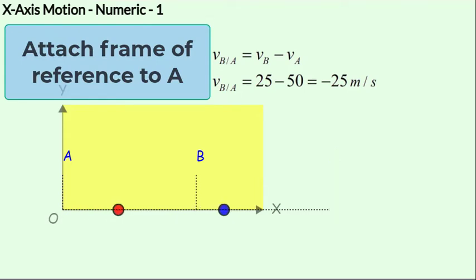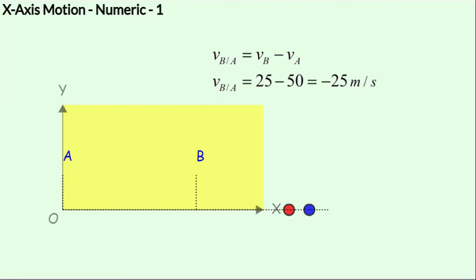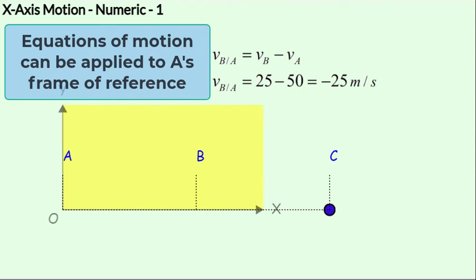Now A moves from the ground frame of reference at 50 meters per second, but not from A's own frame of reference, since ball A would be considered to be at rest from its own frame of reference. So we will have to view B's velocity with respect to A and also B's displacement with respect to A. And the good news is that we can apply Newton's laws of motion in any frame of reference as long as the displacements, velocities and accelerations are defined with respect to that frame of reference.